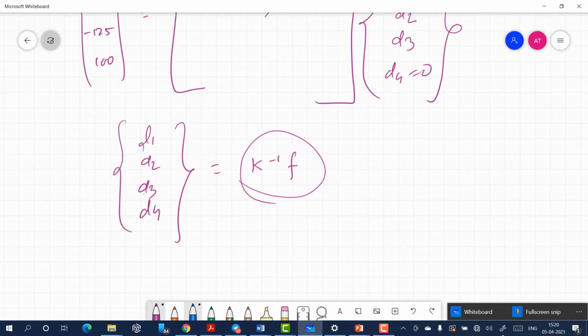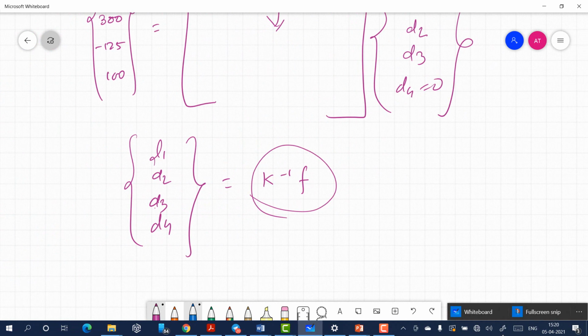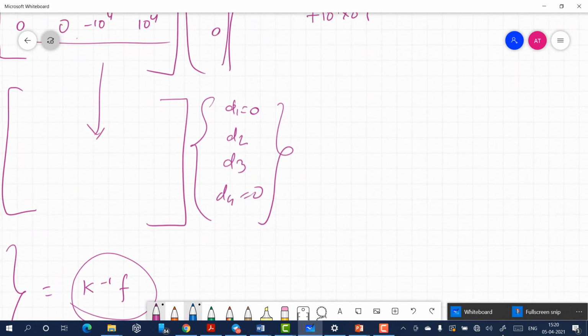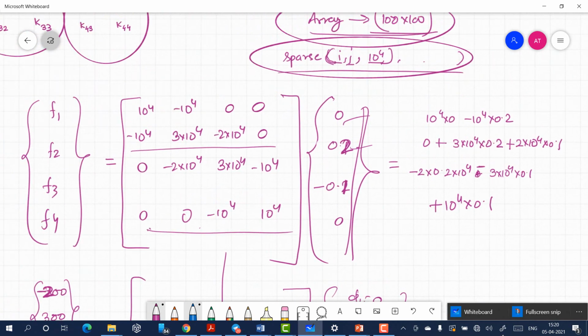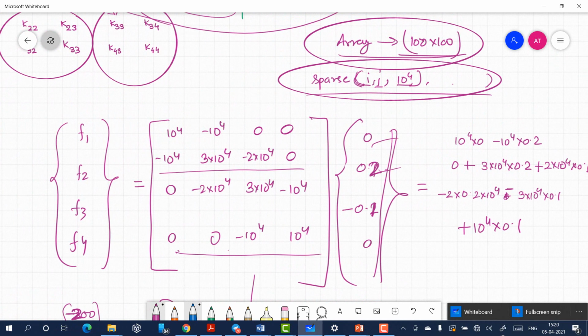Okay, so how do you know whether this matrix is invertible or not? Let us look at this matrix. So this matrix looks like this, okay? And how will you find an inverse?